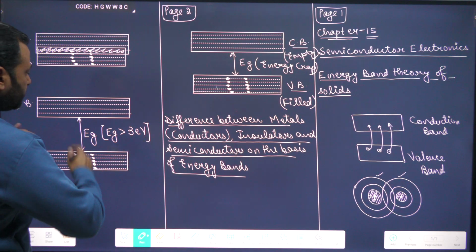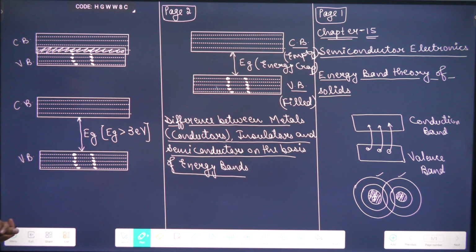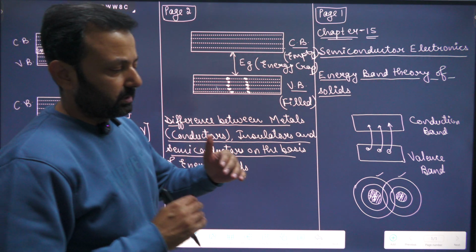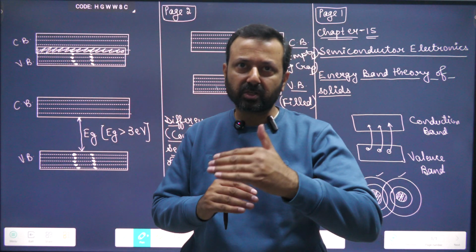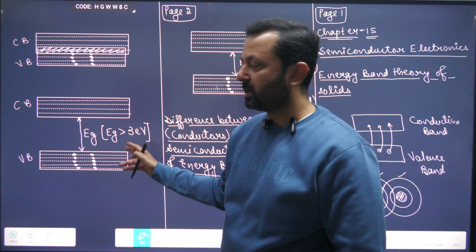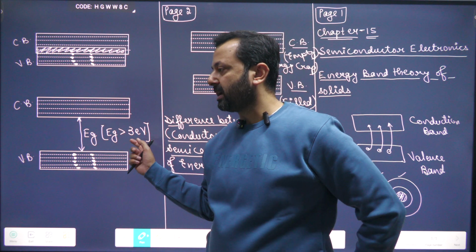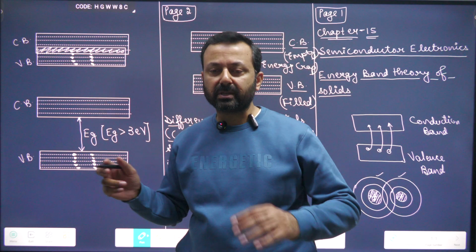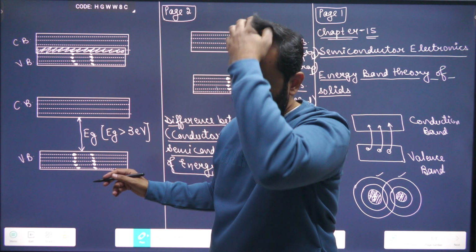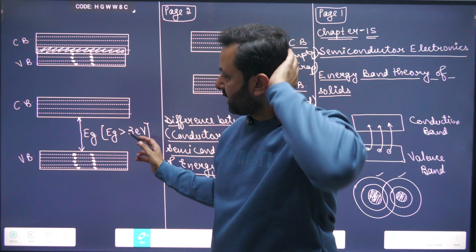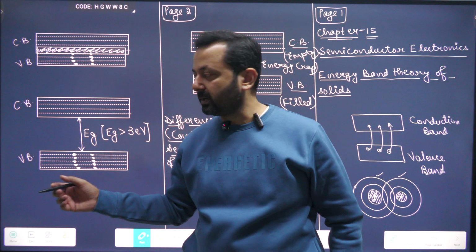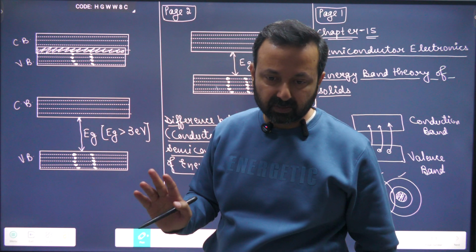What is the meaning of this energy gap? Is this distance? No, this is not distance. I am not talking about distance. Actually, distance is always there. The conduction band and valence band are separated by a small distance, but this is energy gap. Energy gap of 3 electron volt means every electron from the valence band requires more than 3 electron volt of energy to jump to the conduction band. Is this clear?